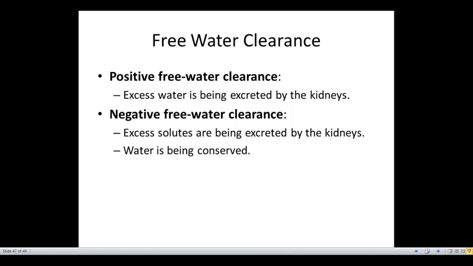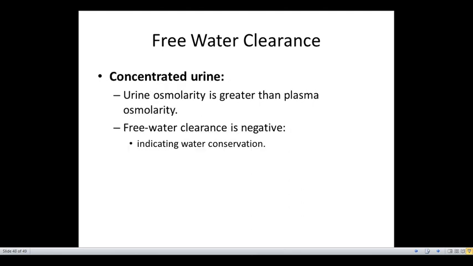Free water clearance may also be expressed in terms of concentrated and dilute urine. For example, in concentrated urine, urine osmolarity is greater than plasma osmolarity, and free water clearance is negative, indicating water conservation.